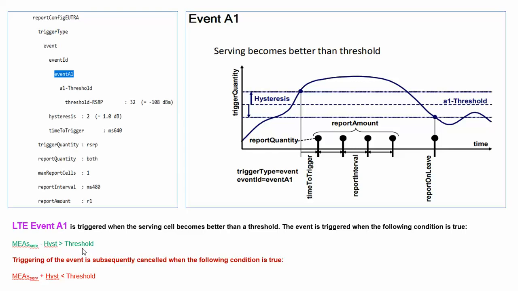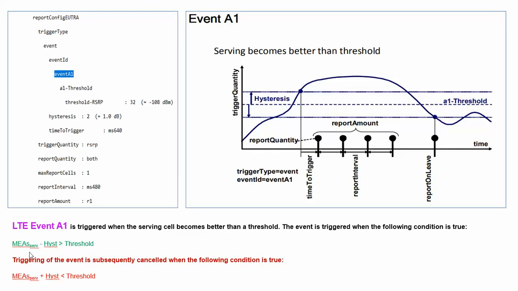Suppose we set the threshold to minus 75, and hysteresis is 1 dB. The UE sends a measurement report in which we receive minus 72.